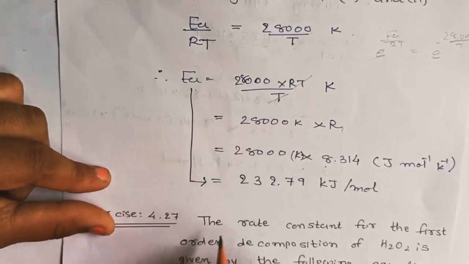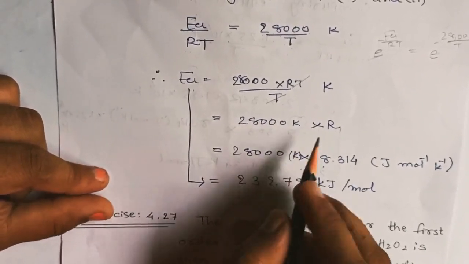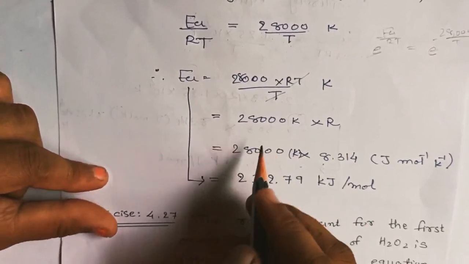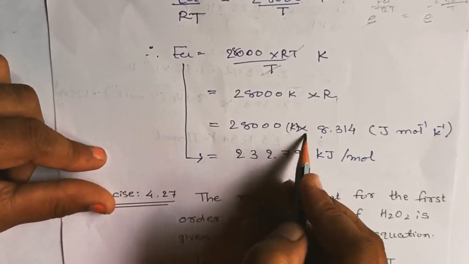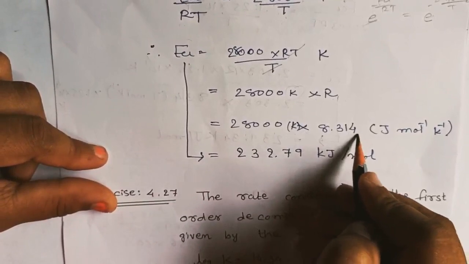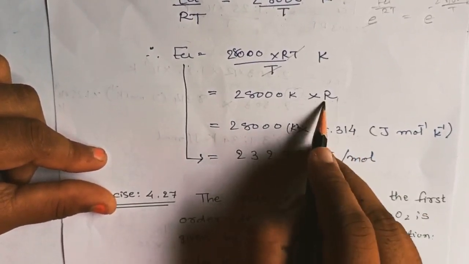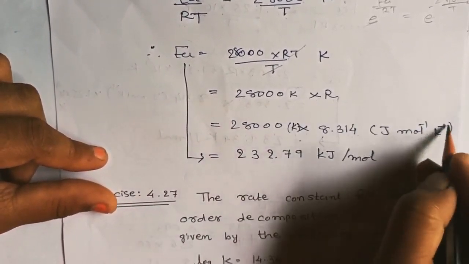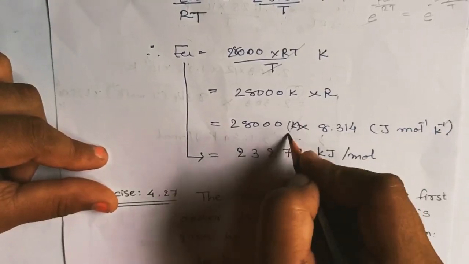It's a unit Kelvin, right? Replace the value of R. So 28,000 Kelvin into 8.314, and the unit for R is joule per mole per Kelvin. That Kelvin will cancel out.